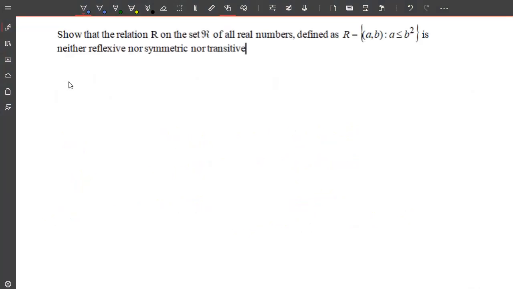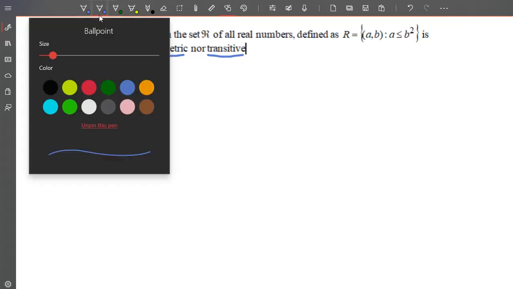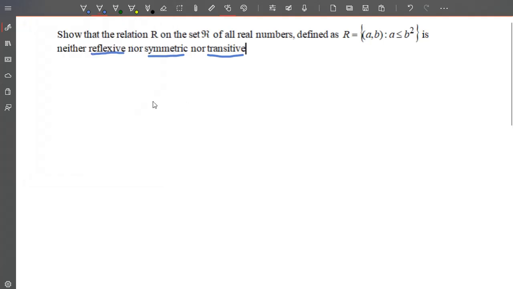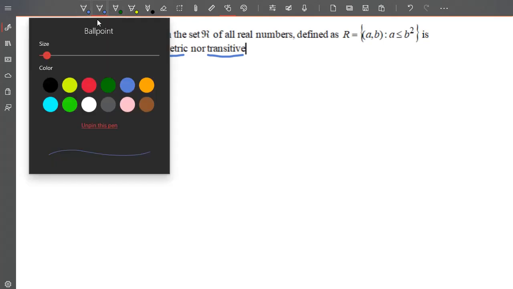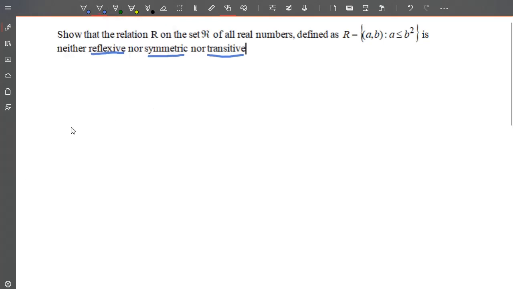This is another problem, and we have to show this relation is neither reflexive nor symmetric nor transitive. In this type of problem, we should always have a counter example, as I have told you earlier.